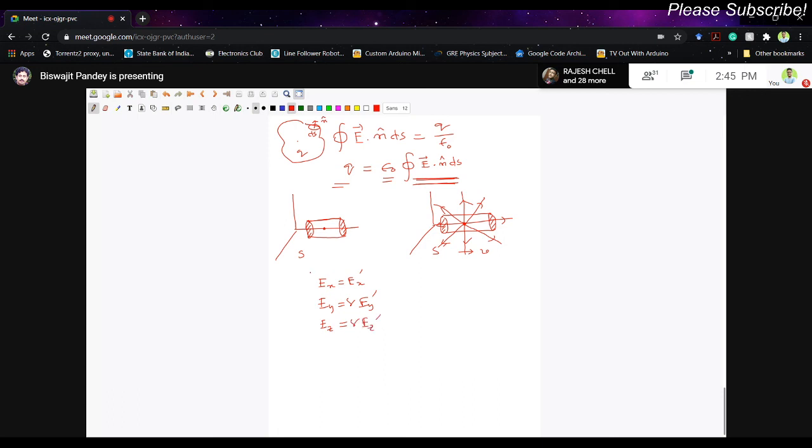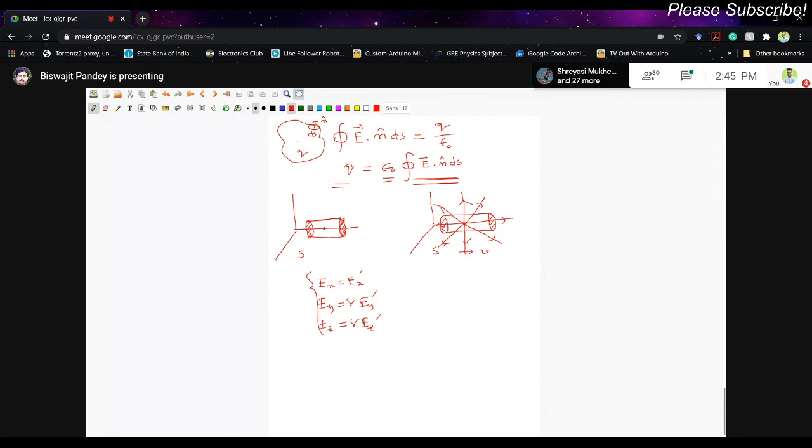So from this argument, you can see that the component of electric field parallel to the motion is not getting affected, but the orthogonal components are amplified by a factor of gamma, which is the Lorentz factor associated with the velocity of the particle. That means the flux across the top and bottom surface of this small cylindrical pill box is not going to change much.